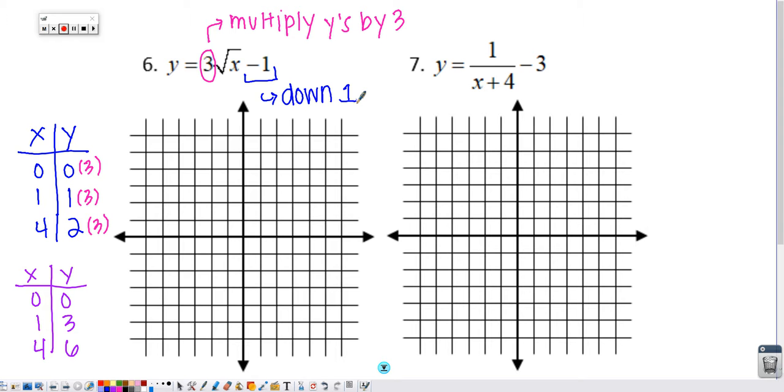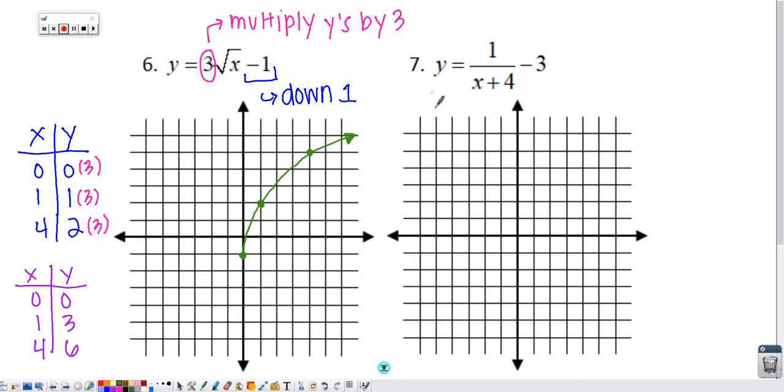It says 0, 0, so I shift down 1: 0, negative 1. Then I'm at 1, 3: over 1, up 1, 2, 3, and then shift down 1. Then I'm going to do 4, 6: over 4, up 1, 2, 3, 4, 5, 6, but I need to shift down 1. Perfect.